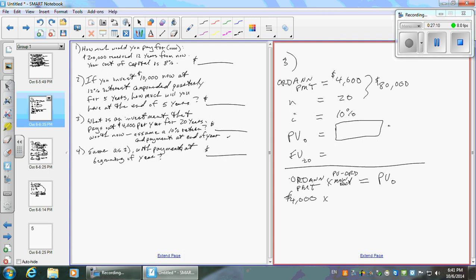And all they did, think about this. What you could do if you wanted is calculate the present value of a payment of $4,000 1 year from now, and then the present value of 4,000 2 periods from now, and 4,000 3 periods from now, and 4,000 4 periods from now. And you can do that 20 times, and add them all together. That'd be a big waste of time, because what can you do instead?